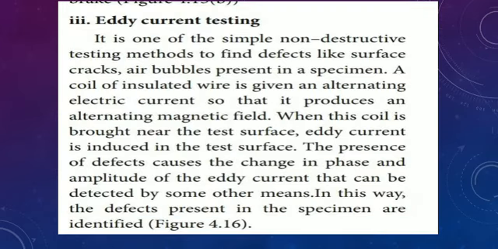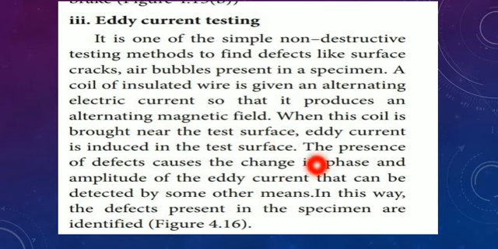Next is eddy current testing. It is one of the simple non-destructive testing methods to find defects like surface cracks and air bubbles present in a specimen, right? A coil of insulated wire is given an alternating electric current so that it produces an alternating magnetic field. When this coil is brought near the test surface, eddy current is induced in the test surface.